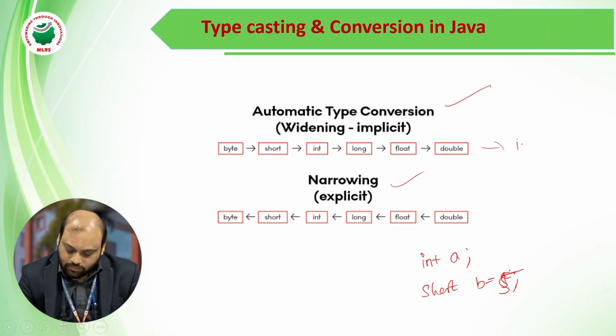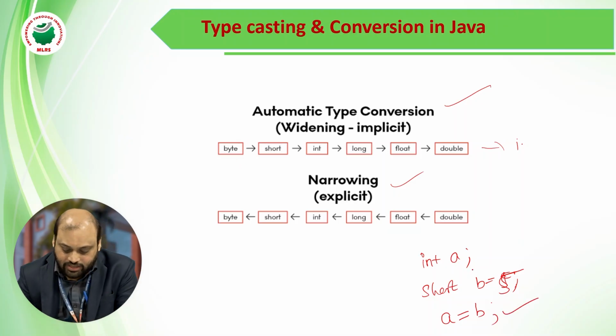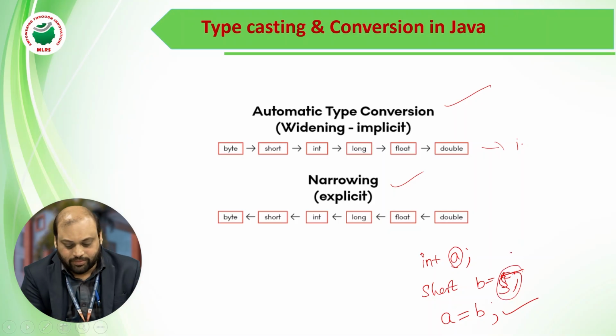For example, I want to store b inside of a. It is allowed, because it is automatic type conversion. What I have done here, I declared a variable a which is of type integer. Inside of this integer I am storing the small value b. It is allowed, automatic type conversion.